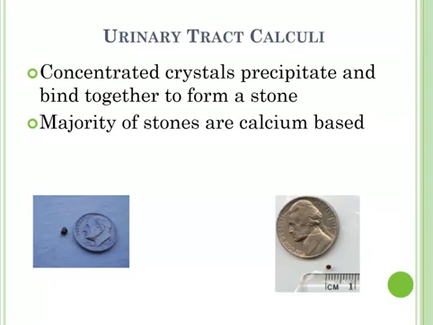We're not as good about replacing fluid in our body with water. If we're drinking tons of soda, tons of coffee, that's not really helping us out because those are both acting as kind of a diuretic, so we're not really getting the benefit of the fluid from those. Somebody who takes in a lot of dietary protein is also going to be at risk for the development of kidney stones.